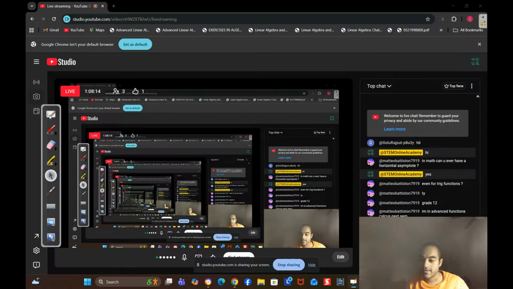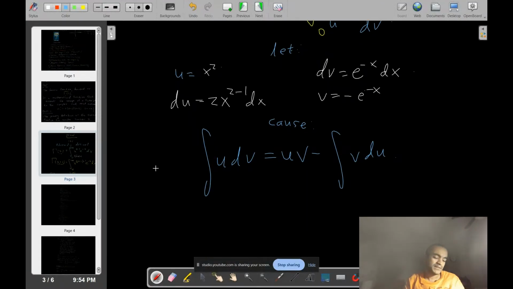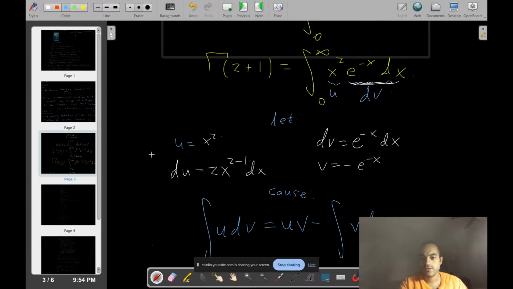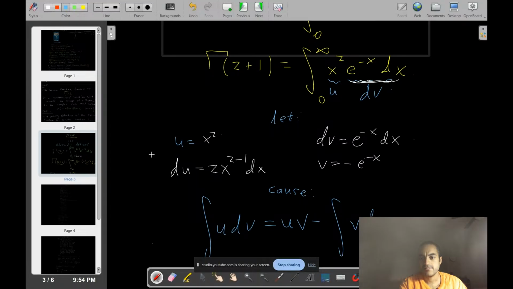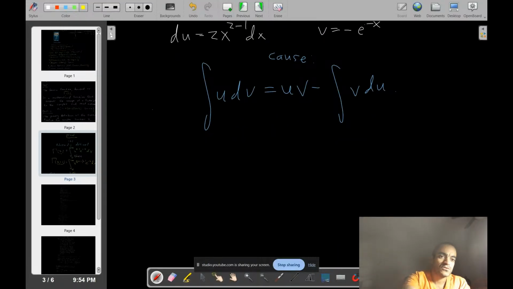Okay, so we have this integration by parts formula here, and that's what we want to use. We have everything that we need now. The integral of u dv, we know what it was: the integral of x to the z, e to the negative x dx. That's what we're finding, the integral from 0 to infinity.